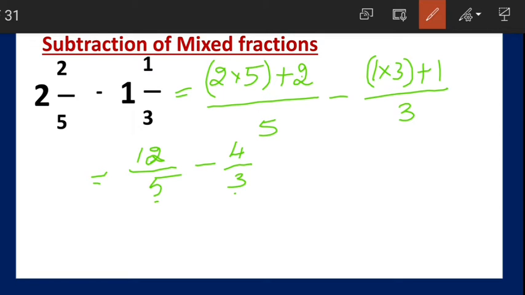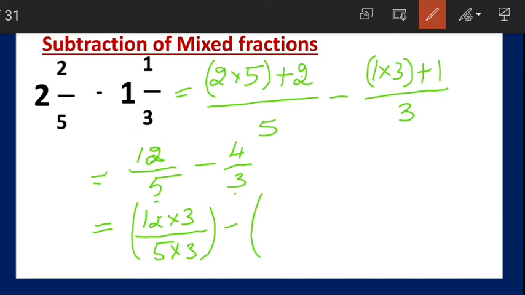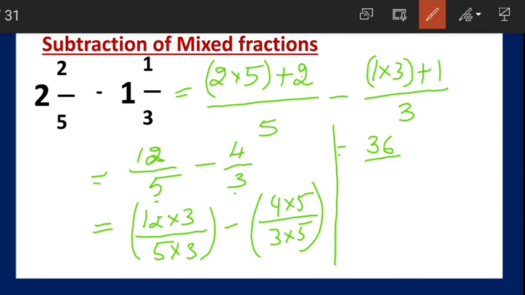We know that first convert into like fractions. So 12 into 3 by 5 into 3 minus 4 into 5 by 3 into 5, which is nothing but 36 by 15 minus 20 by 15.